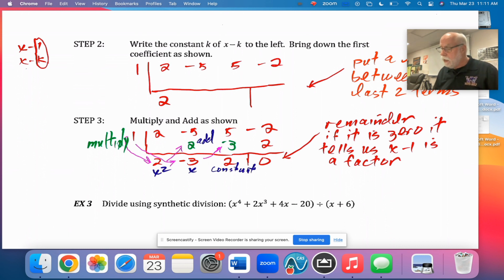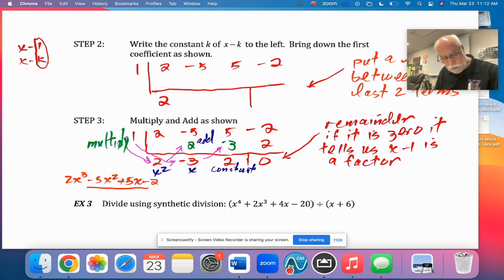All right. So on this one here, we'd be able to say that, what do we start with? We started with 2x cubed minus 5x squared plus 5x minus 2.